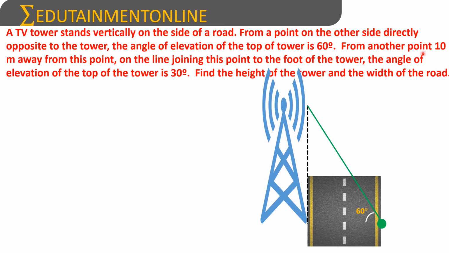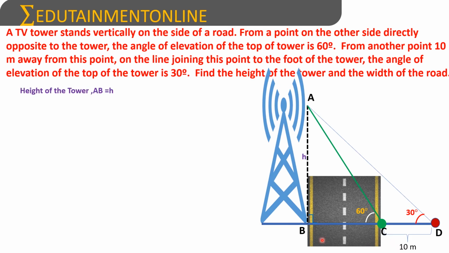And from another point which is 10 meters away from this point, on the line joining the foot of the tower, the angle of elevation of the top of the tower is 30 degrees. So find the height of the tower and the width of the road. Let us say that the height of the tower is h and the width of the road is x.